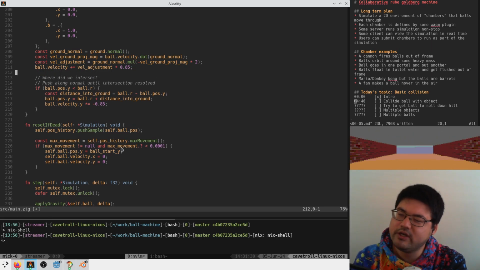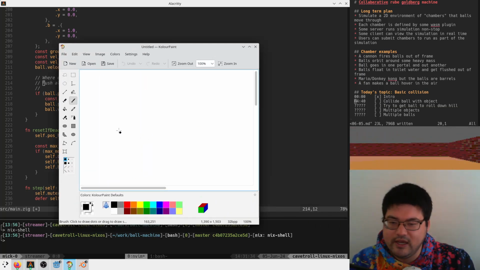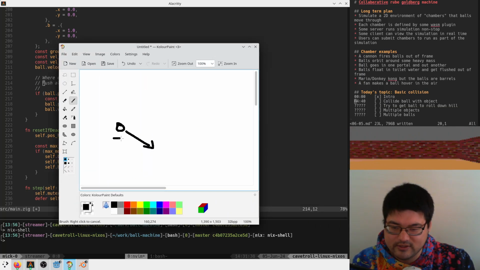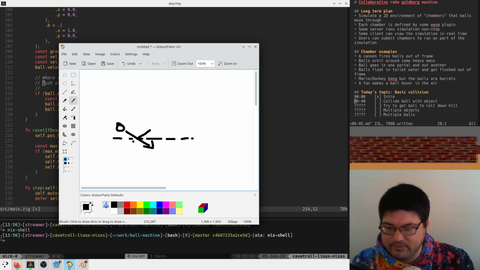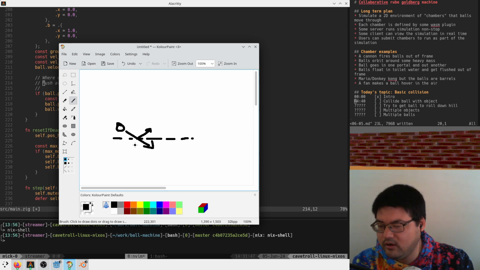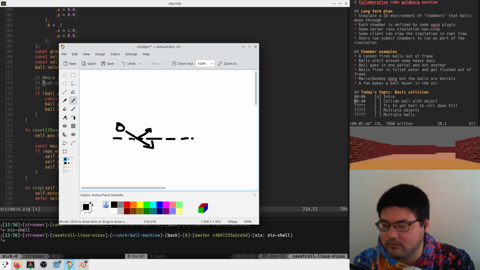This is not perfect, right? You can imagine we have a ball going into the ground and it has gone some amount into the ground. If we just push it back to here, that's not great. But if our time step is small enough, that incorrectness shouldn't matter.